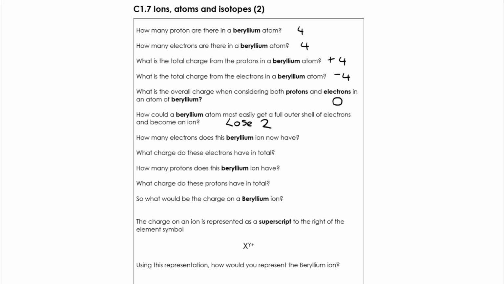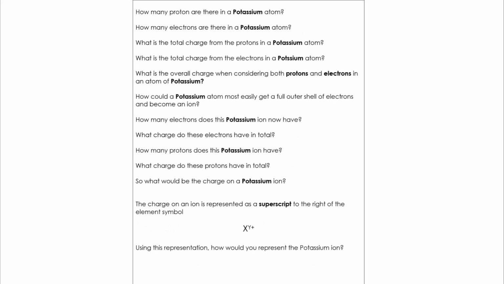So with that in mind, let's now go back through and count the electrons and protons. I now have 2 electrons, total charge of -2. But I've still got 4 protons, total charge +4. So my overall charge is +2. Now to finish it off, that is written as a superscript, so my ion is written as Be +2.